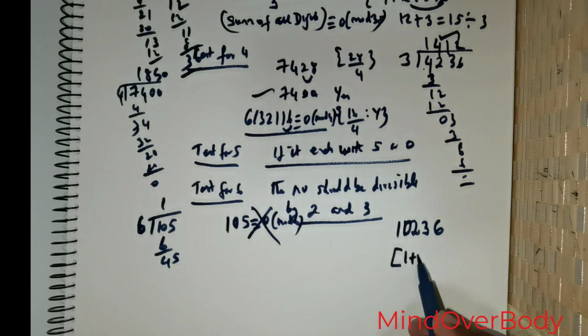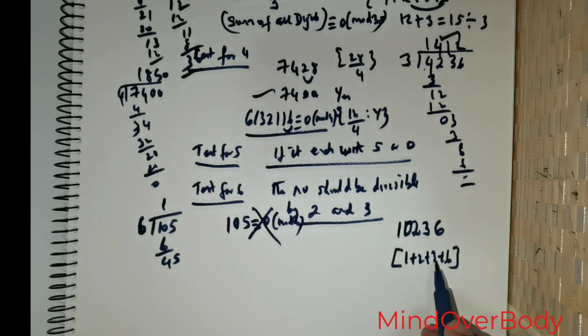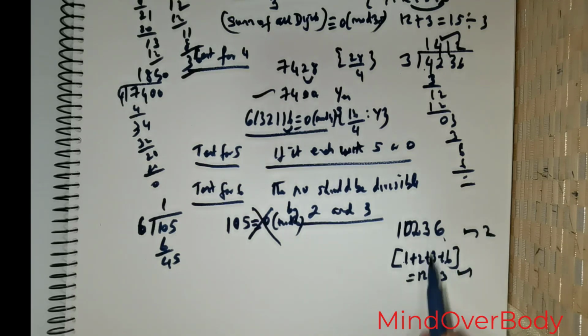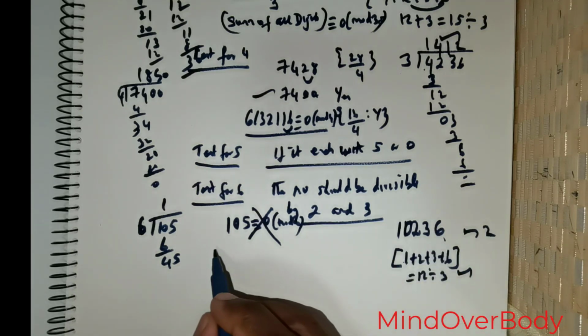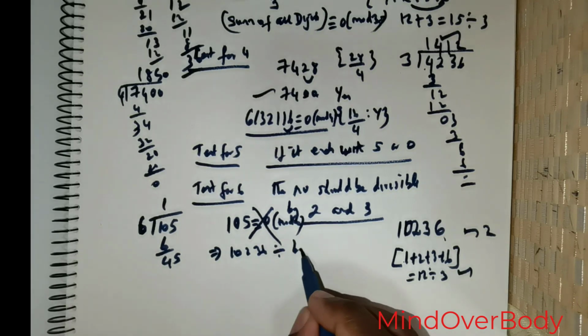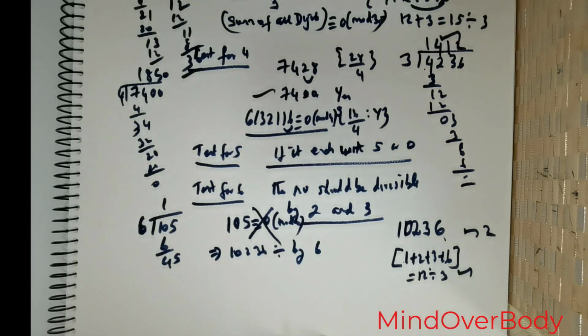So it's 1, 2, 3, 6. 6 plus 3 is 9, 9 and 10, 11 and 12. So you're getting a 12 here, and 12 is divisible by 3. So the divisibility test for 3 holds good, and this is an even number, so it also holds good for 2. That would mean 10236 is divisible by 6. And you can check that out.